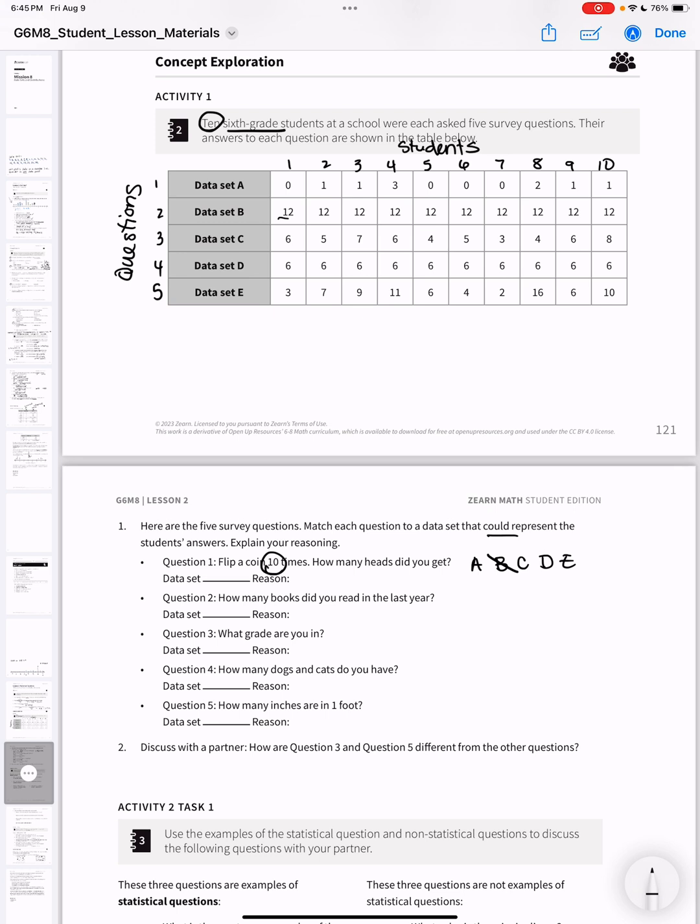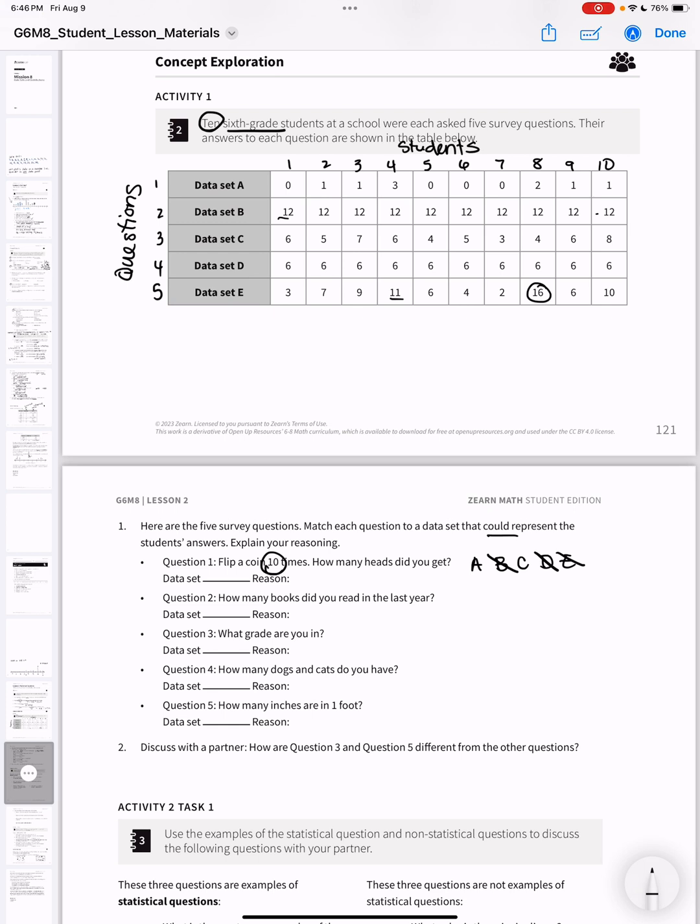So B is definitely out. Let's look for some more. E is definitely out because I see a 16 here and 11. So that's over 10. Also, same reasoning that I got rid of data set B for data set D is I don't think every student is going to flip the coin and get 6 heads every single time. So D is out. So now we have A and C.